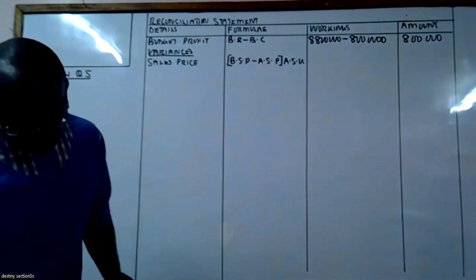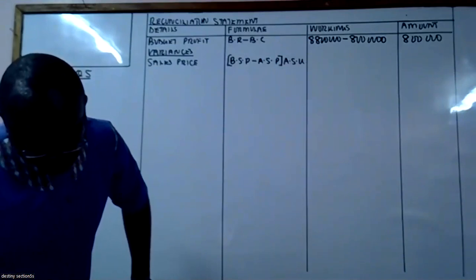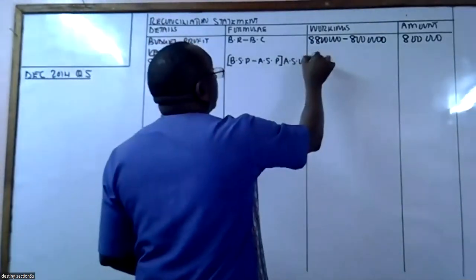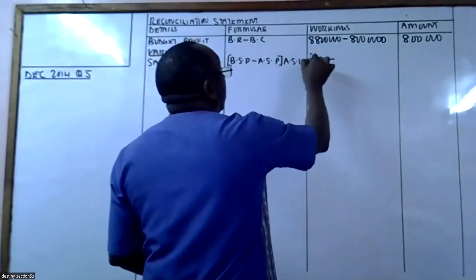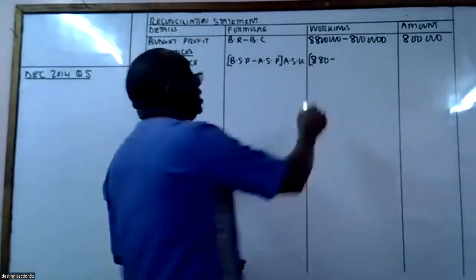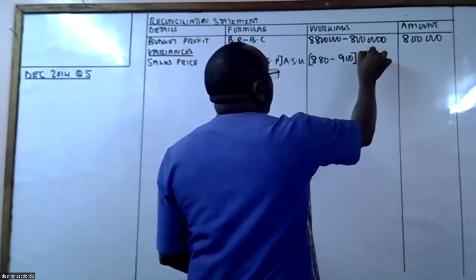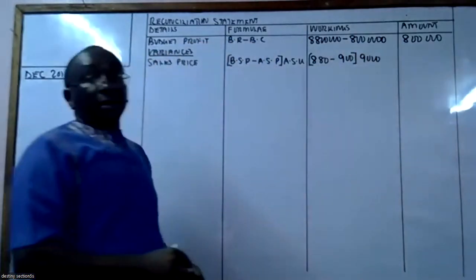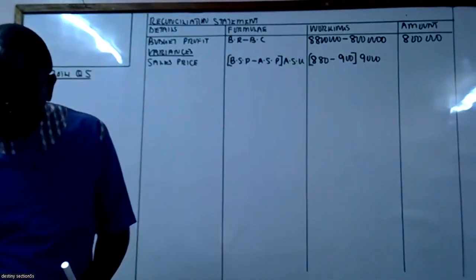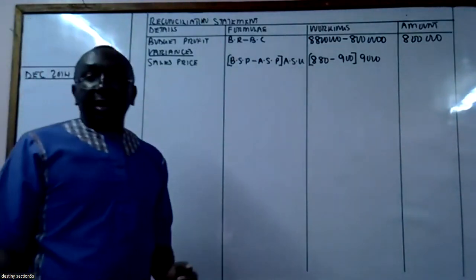So looking at this question, you can see up there, the budget selling price was 880. But when you look down at the actual, you can see they sold each unit at 900. And they sold 9,000. Now that difference, 20 times 9,000 is 180,000 negative.